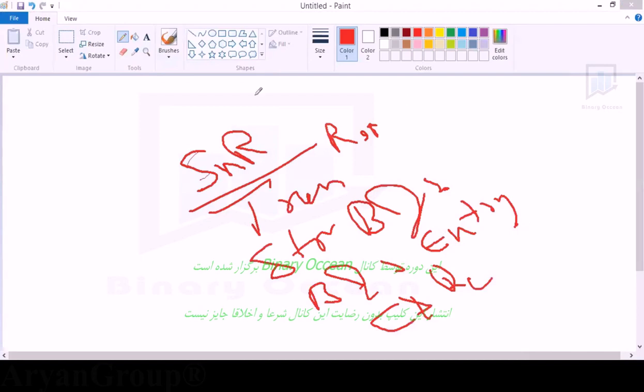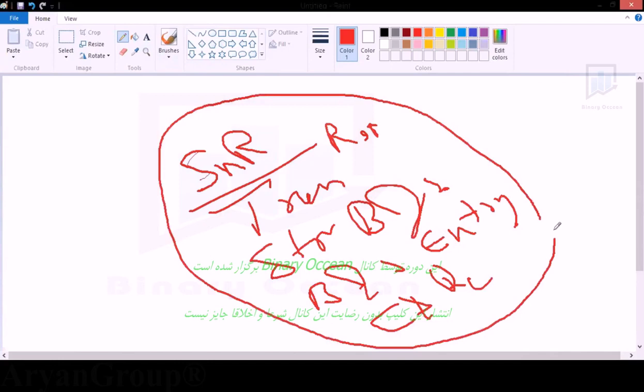So by applying all these points, we can easily predict the next candlestick.